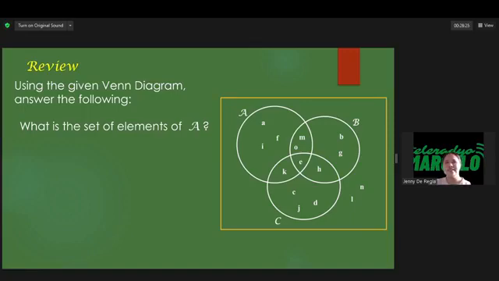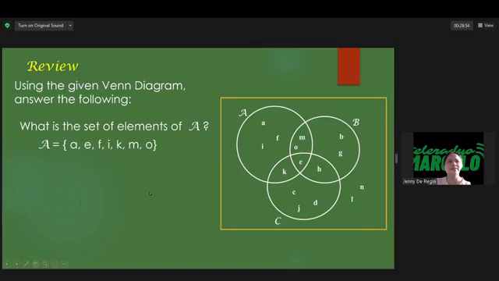Okay, so the set of elements of A are A, E, F, I, K, M, and then letter O. Those are inside circle A.